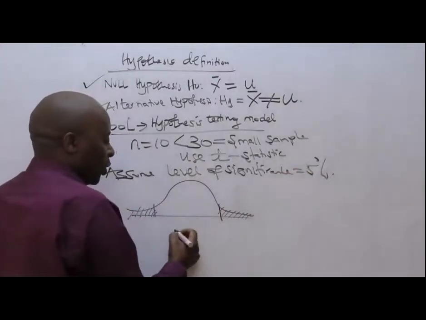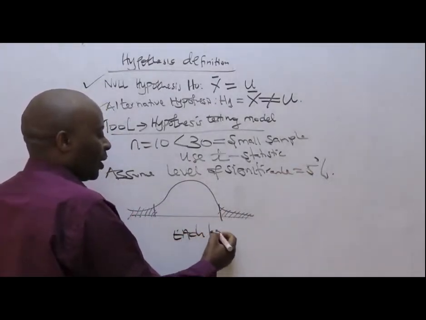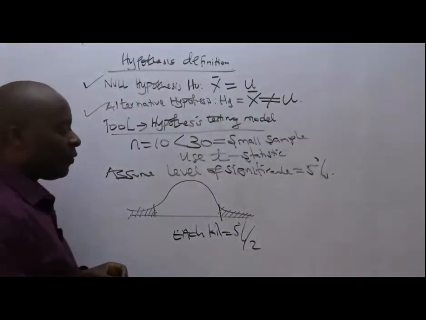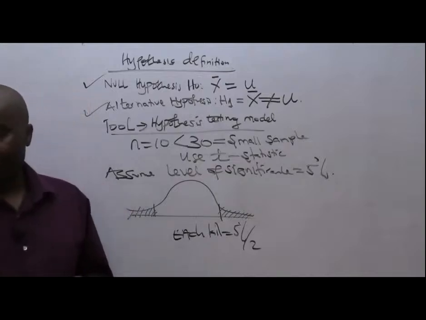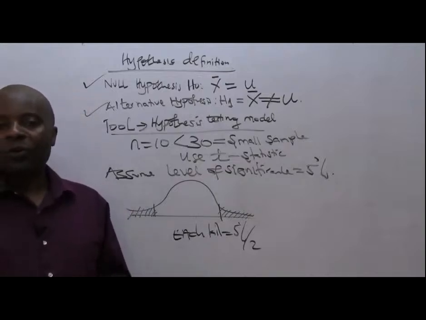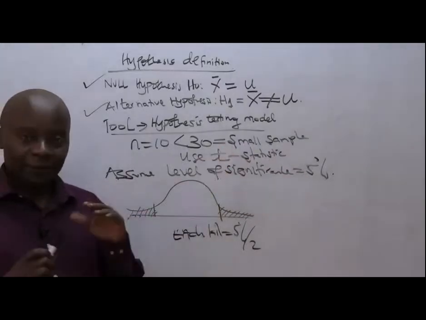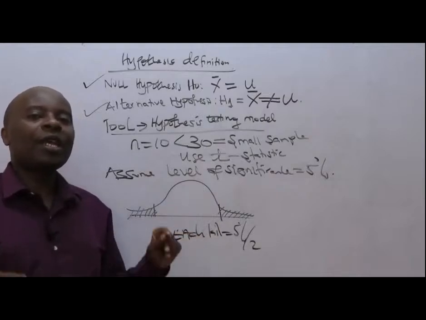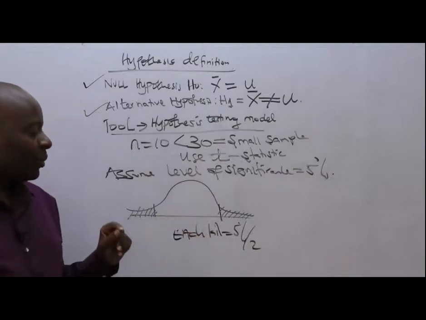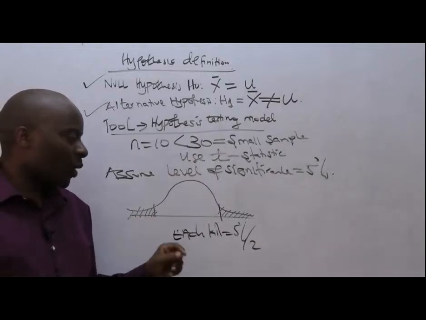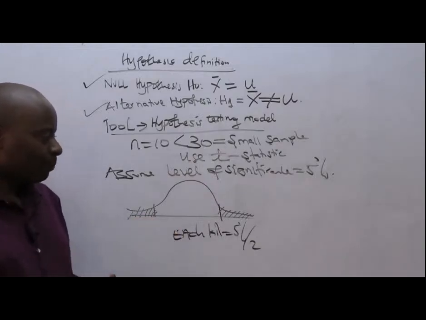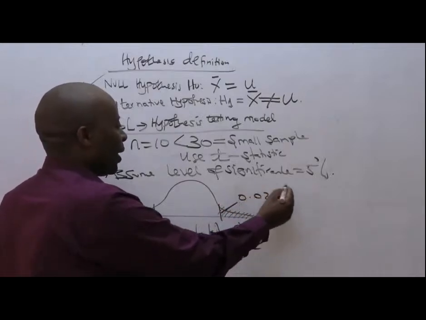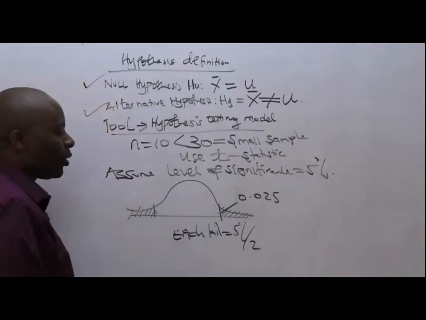So each tail will be 5% divided by 2. Whatever level of significance you've assumed, that level of significance has to be shared out between the 2 tails. So each one takes a half, which is 0.025.